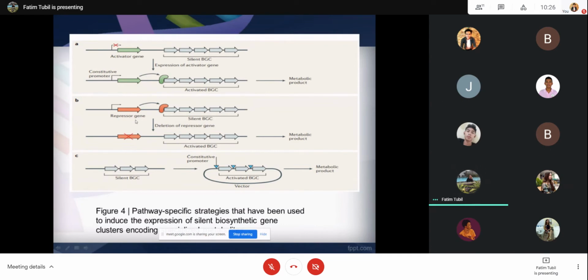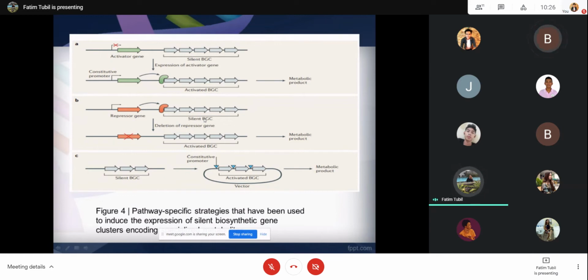So specifically, if the repressor gene undergoes deletion, it can activate biosynthetic gene clusters, then it can produce a product.